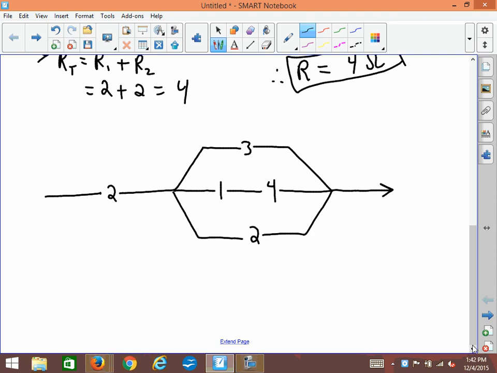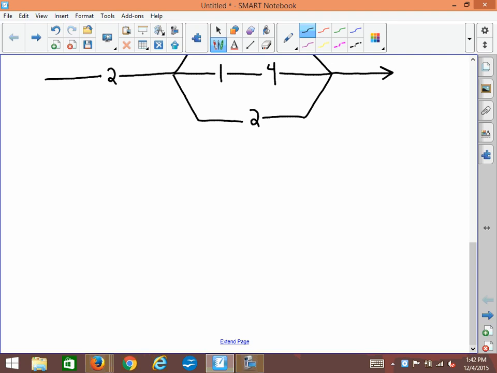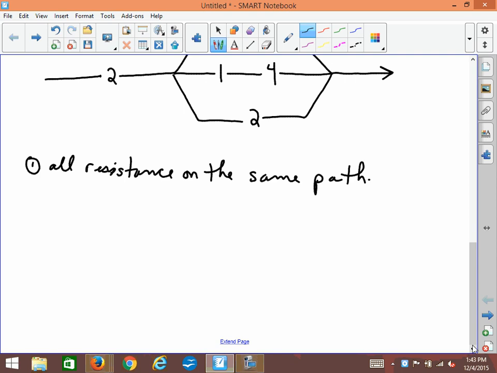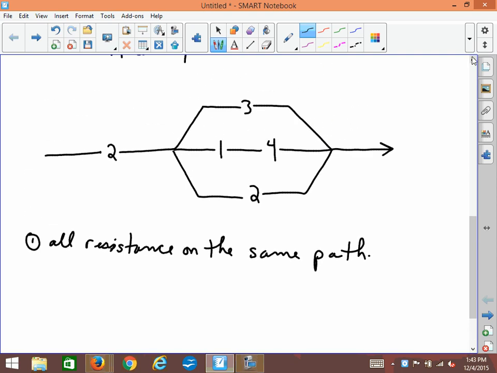So, first step is to look for all resistances on the same line. All resistances on the same path are in series. That's what series means. So if I look at my picture, I can see that there are 2 resistances right in the middle, the 1 and the 4.